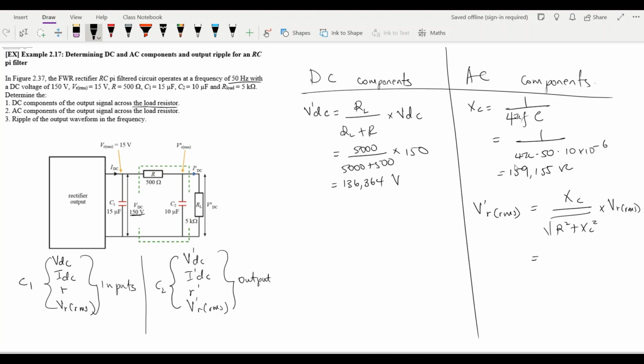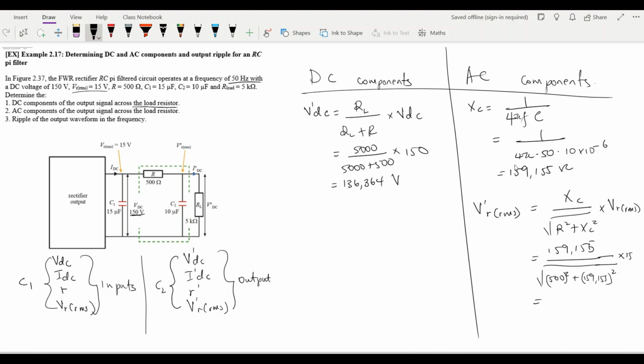Just like that. 159.155 divided by the root of what is our R, 500 squared, plus 159.155 squared, multiplied by our ripple input voltage, which is 15.